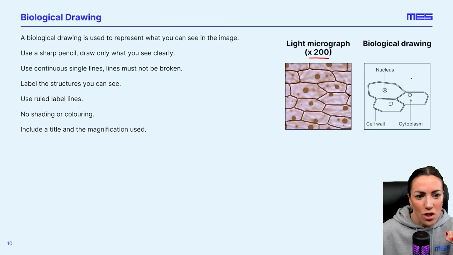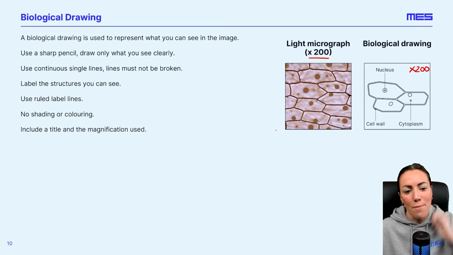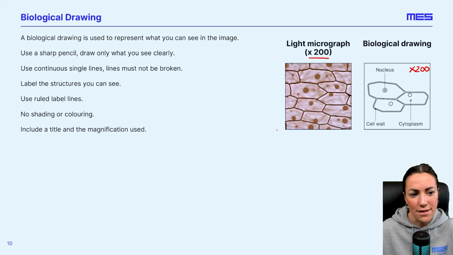So on this biological drawing here, in one of the corners, you would add the magnification. So the person looking at your biological drawing knows how much bigger that drawing is compared to the actual size of those cells. Now you'll notice that we've only drawn 3 cells, not every single cell.